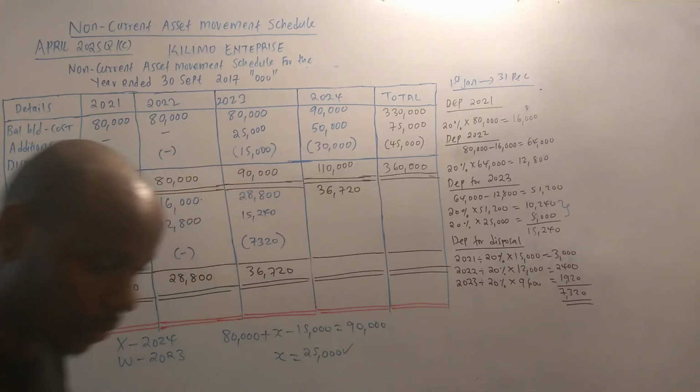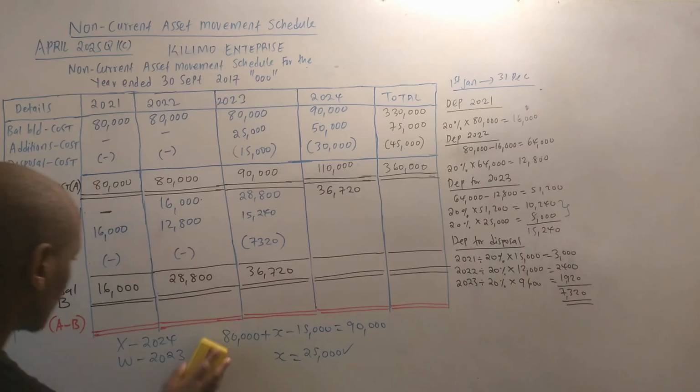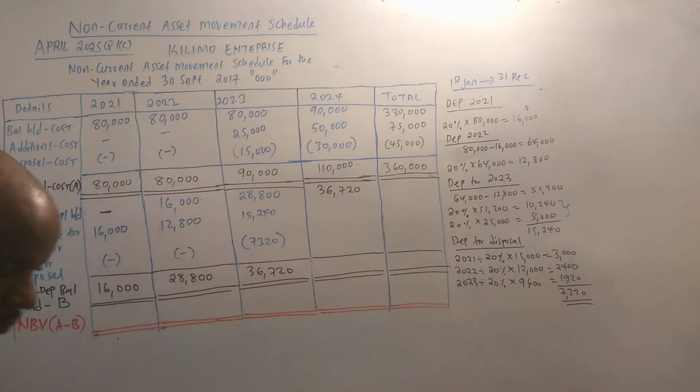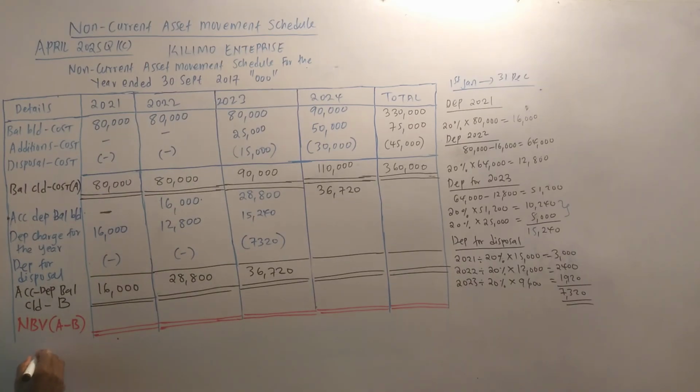So I think you can do it on this side because of the space. 2024. So we say 20% times what was the remaining? That's it, because it's a straight line basis.